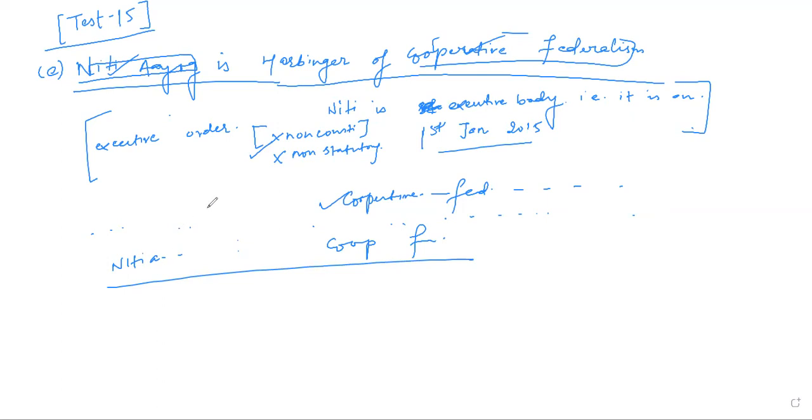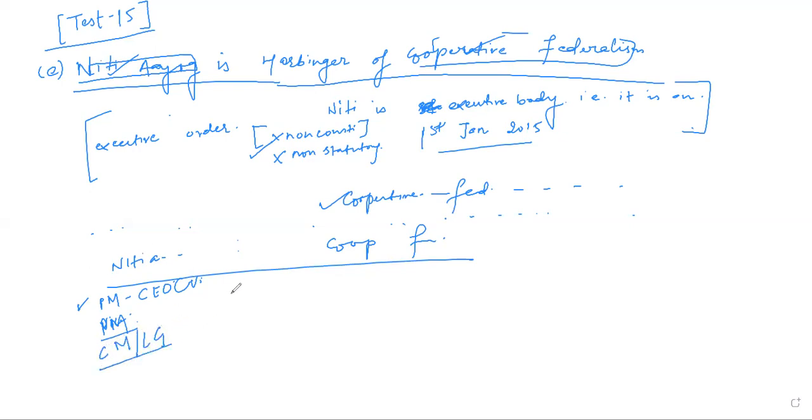In this section, you will mention a few points about Niti Aayog. First, the composition of Niti Aayog: the Prime Minister, then the CEO, the Vice Chairperson, then the members nominated by the PM, then the Chief Ministers and Lieutenant Governors.